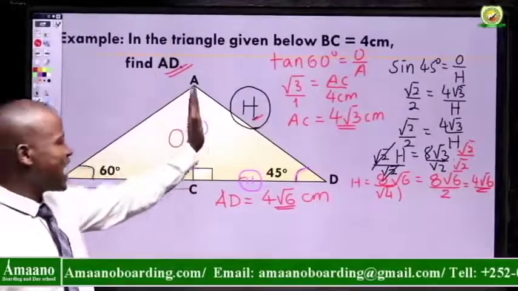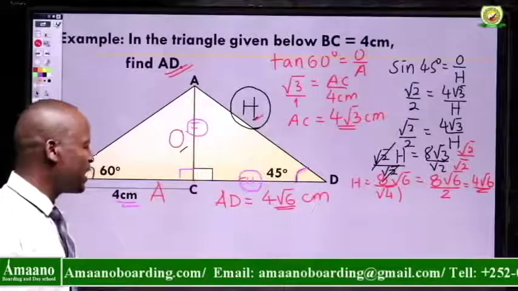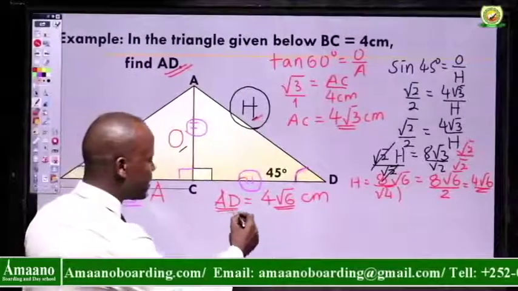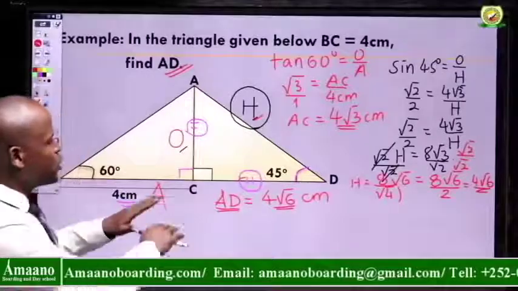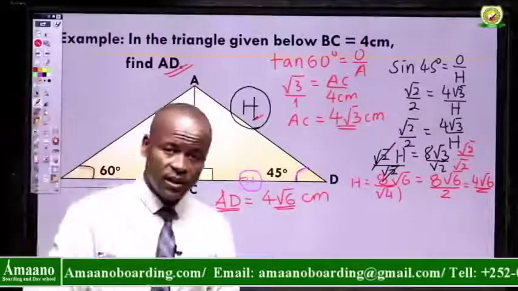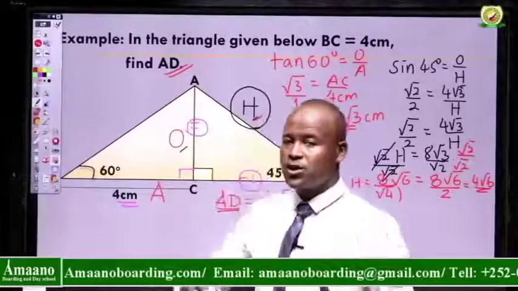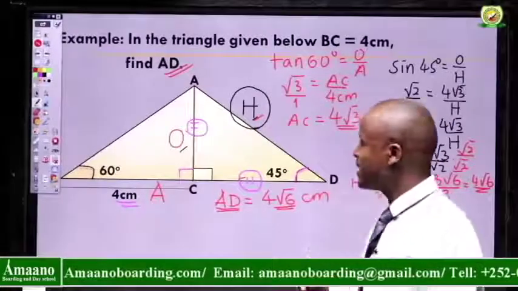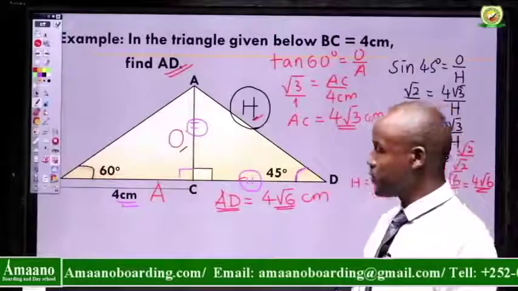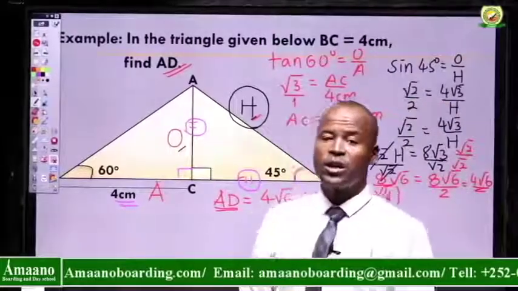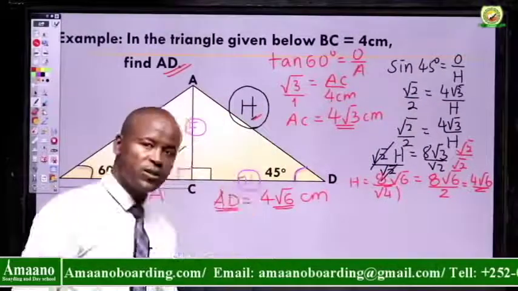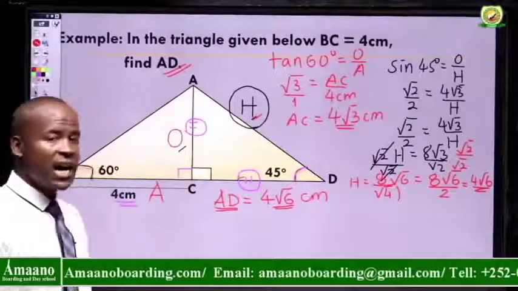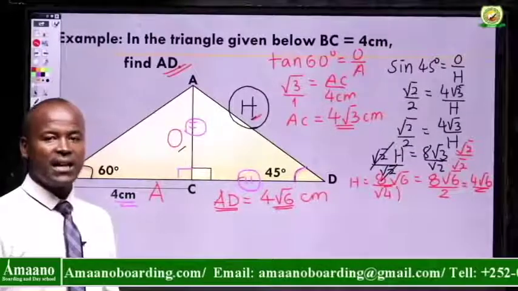Later, using this AC in the 45 degrees angle, we found the side length of AD. So using the same method, the same procedures, and the same relationship between sine, cosine, tangent, opposite, adjacent, and hypotenuse of different triangles, you can find values of unknown side lengths and unknown angles in a given right-angled triangle.